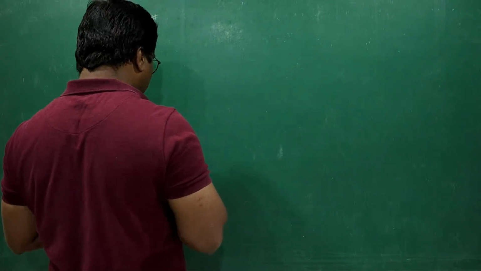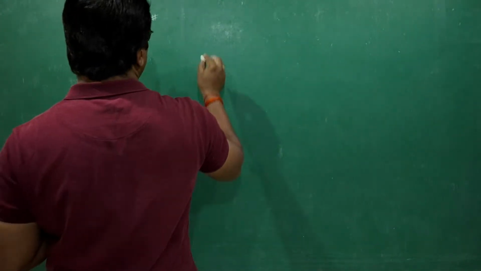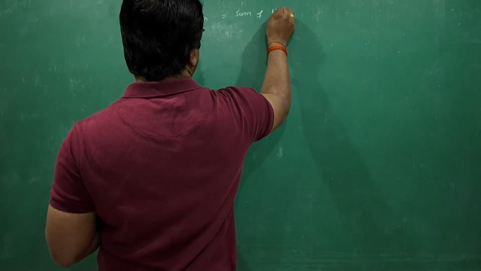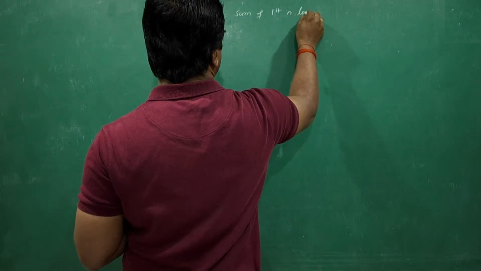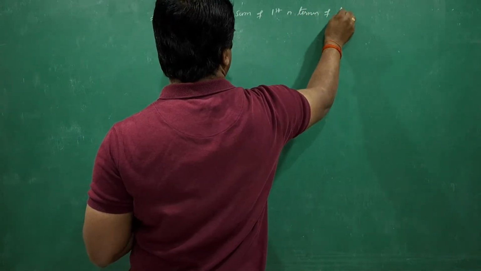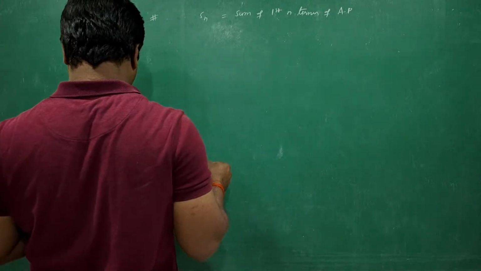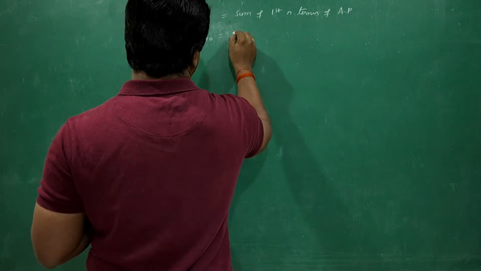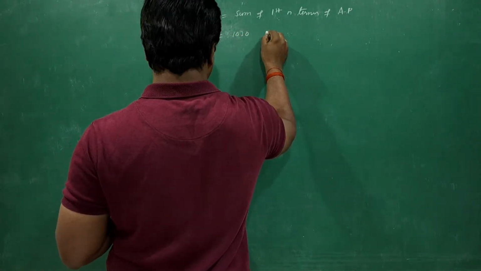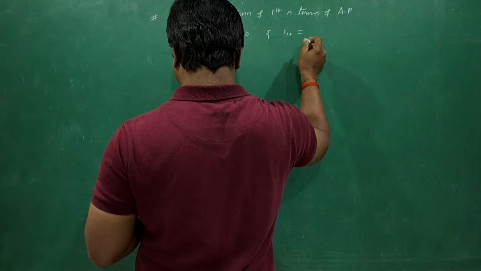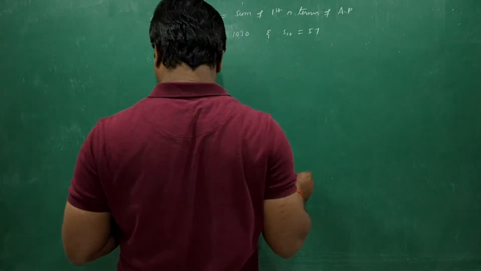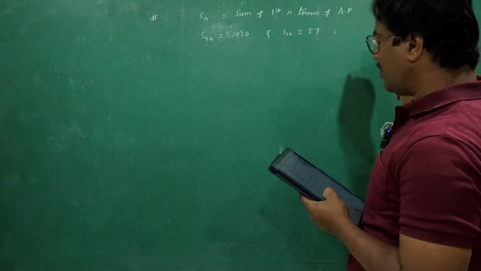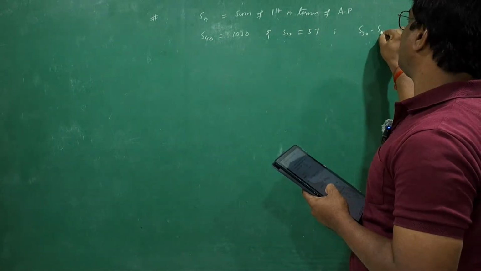Sn denotes the sum of first n terms of an AP. Sn is given as the sum of the first n terms of an arithmetic progression. Next, S40 is given as 1030 and S12 is given as 57, and here you need to find the value of S30 minus S10.